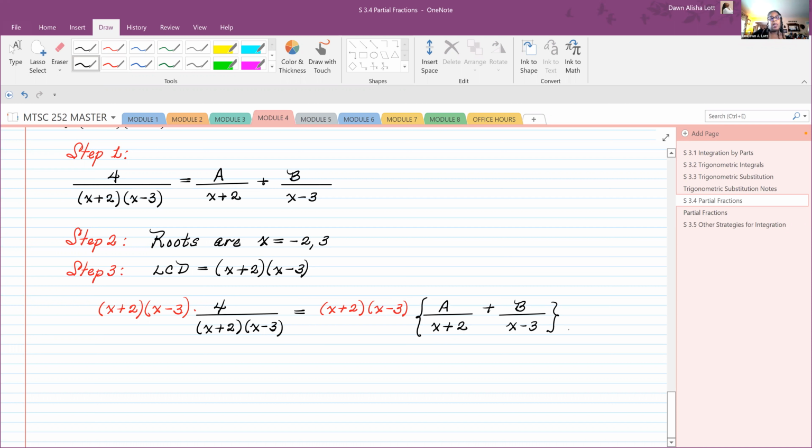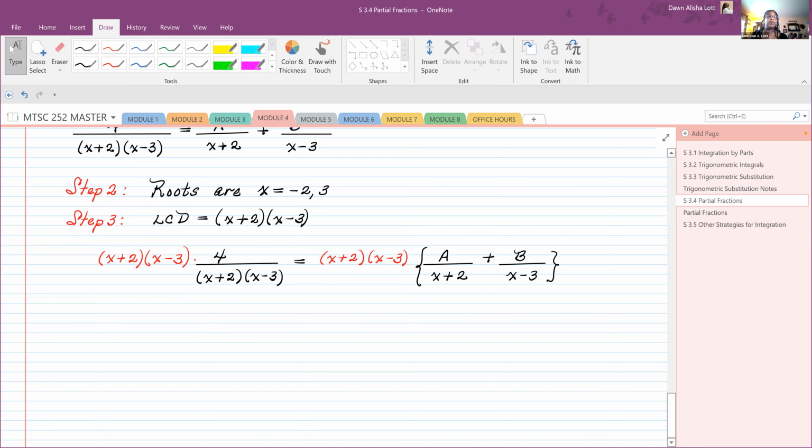Okay, so now we simplify. On the left-hand side, x plus 2, x plus 2, x minus 3, x minus 3 divide out, so I just get the numerator. On the right-hand side, I'm going to take x plus 2, x minus 3, and I have to do the distributive property.